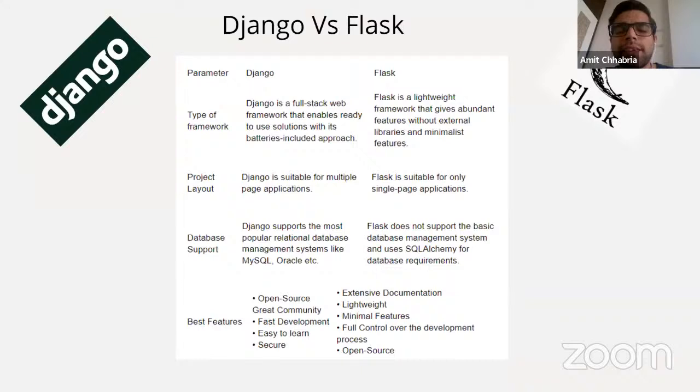Now I just gave you the word REST API, right? So what is actual REST API? Basically, if you are building a website on Django, once your website is ready, you can move on to applications.